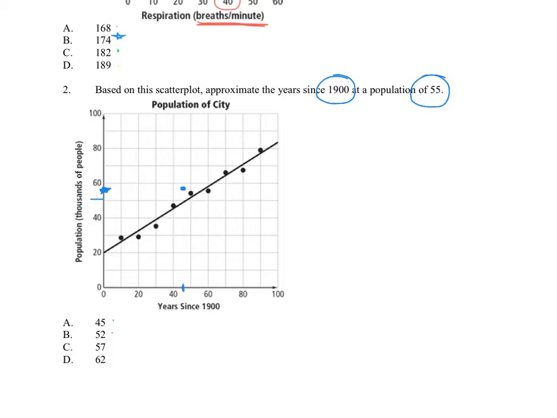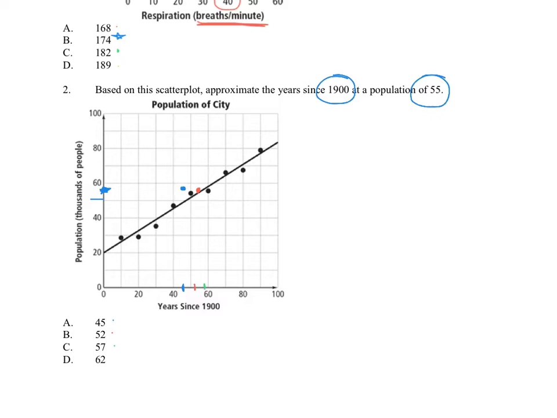And 52 would be about right here, and so I'm going to go all the way up until I match 55. So that would be 52, let's see, about right here. Pretty close. 57, almost at 60.